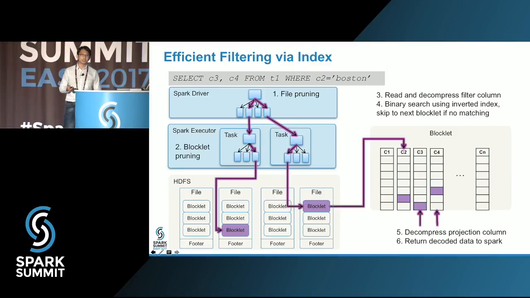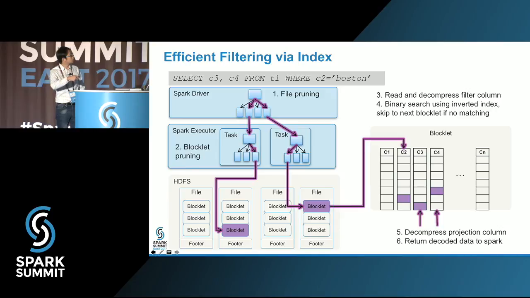So let's take an example of how Spark leverages the index. For example, for this query, select C1, C3, C4, and there's a predicate on C2 equal to Boston. When this query comes, the Spark driver will leverage the table level index to prune the files.